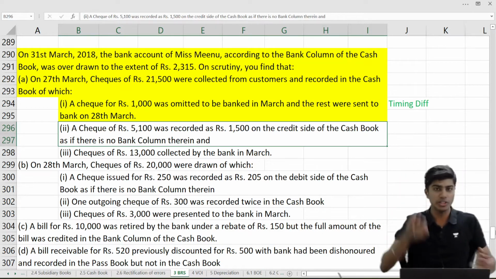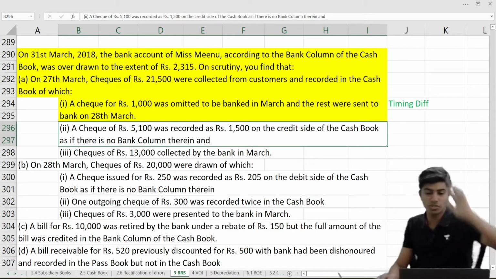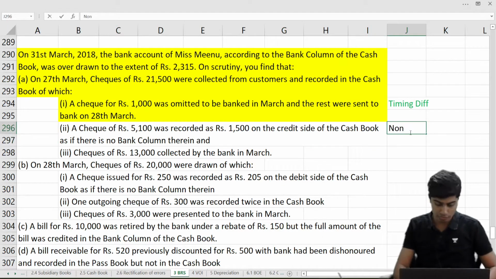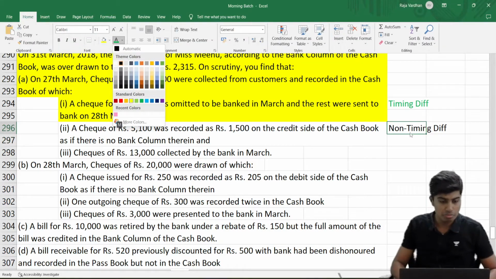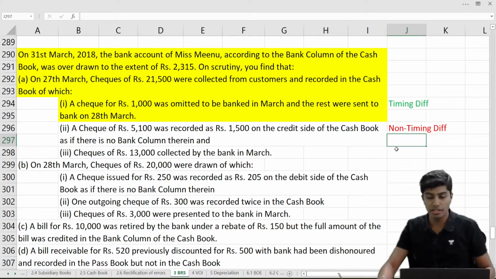So totally, I should increase my cash book by 5100 plus 1500. And this difference is a non-timing difference. What sort of difference is this, guys? This difference is non-timing difference because it's a clear error. It's a clear error in the cash book.